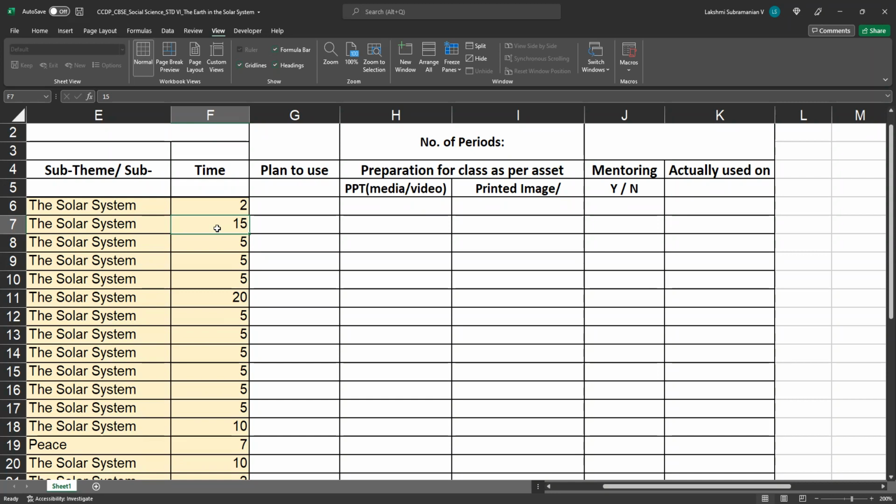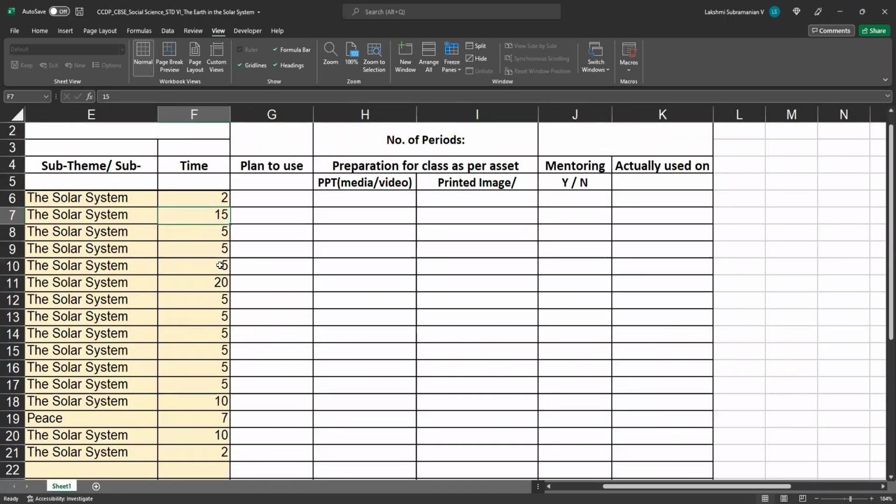There were a lot of questions, right? So what happened? The last 2 assets could not be delivered in the classroom. So everything gets pushed by 10 minutes, right? See, in a classroom, once the bell rings, then you have to get out of the classroom, right? You don't have a choice.